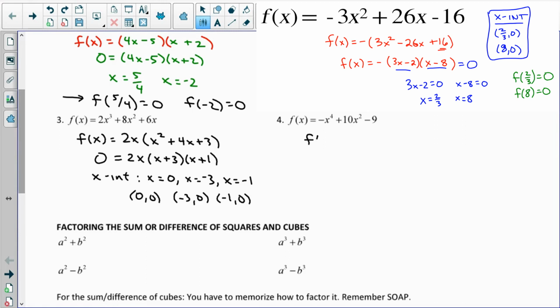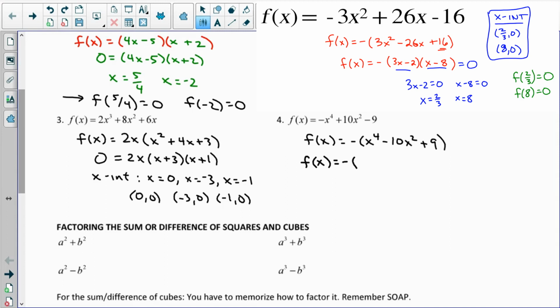Let's factor out a -1 to start. So x to the 4th minus 10x squared plus 9. This is something that we've talked about last unit on some worksheets when we have something with x to the 4th and x squared but no other terms. What we can do is we can treat this like it's a quadratic.